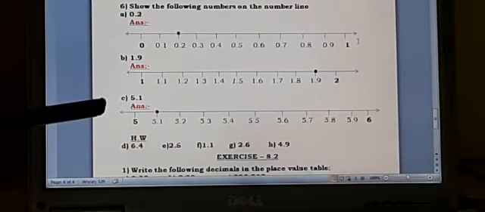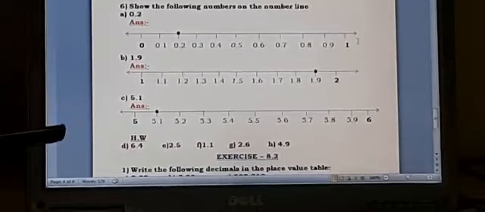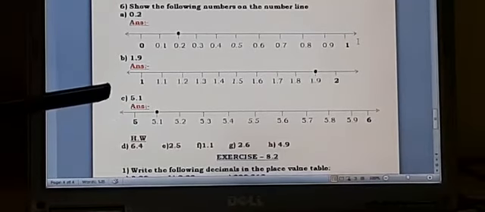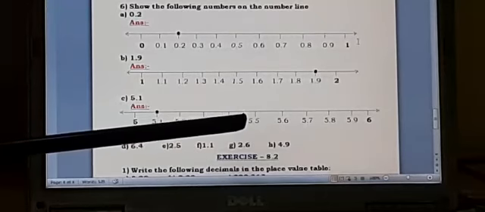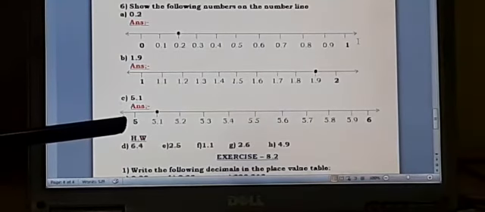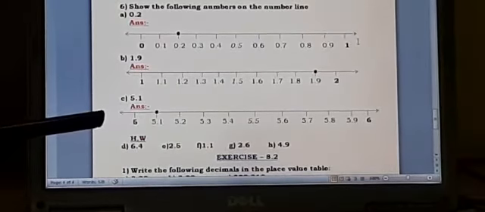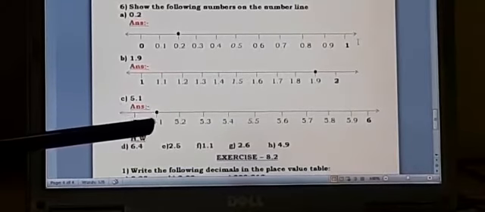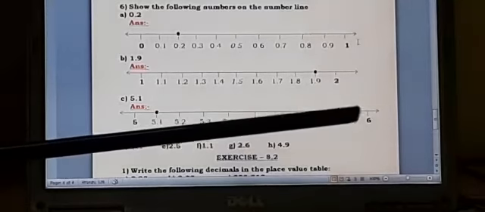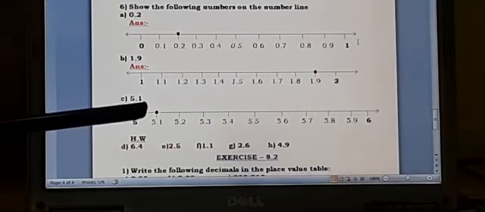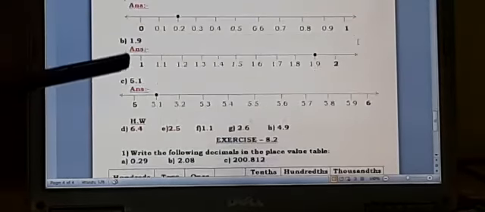See the third question, 5.1. Here 5 is the whole number. So between 5 and 6 we have to make 10 parts. After making the parts, we write 5.1, 5.2. According to the whole number, we write the decimal numbers. Then you can mark the decimal number.